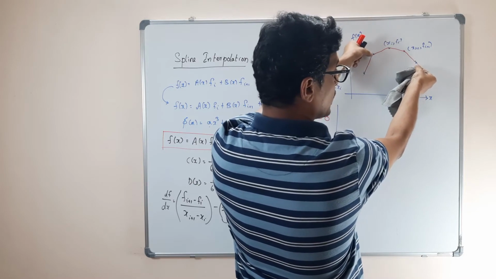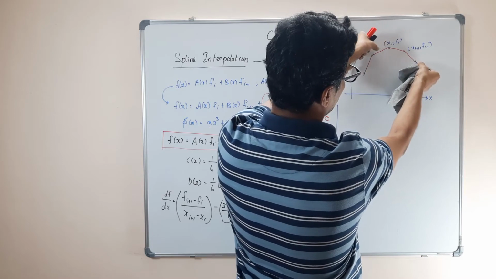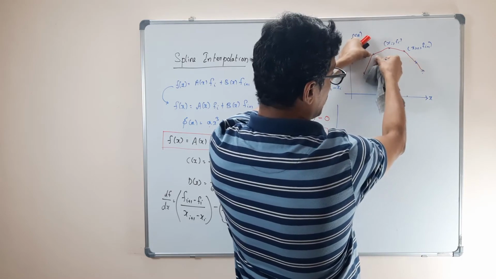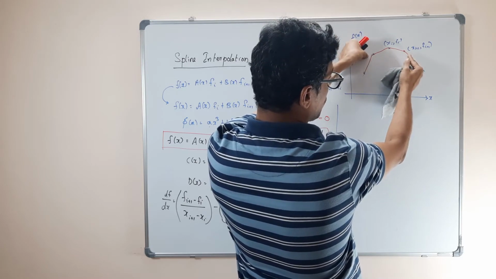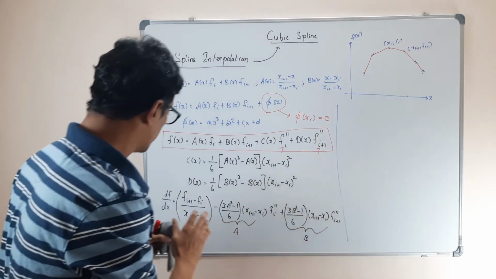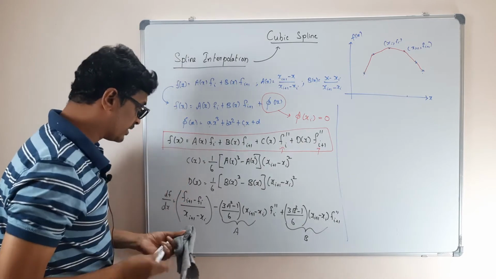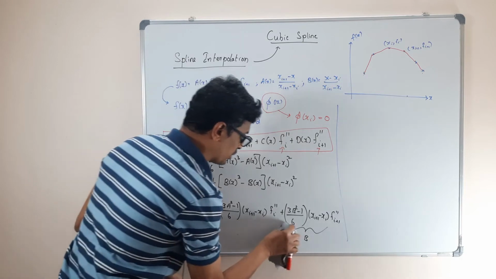So how much curvature do we give? We give a curvature such that the neighboring points will be connected. That's the amount of curvature. This is an important first derivative that we got.